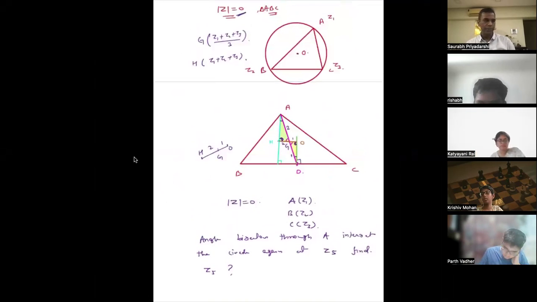Question is clear? The angle bisector through A intersects the circle again at Z5. Find this.